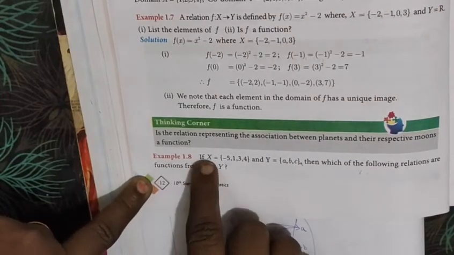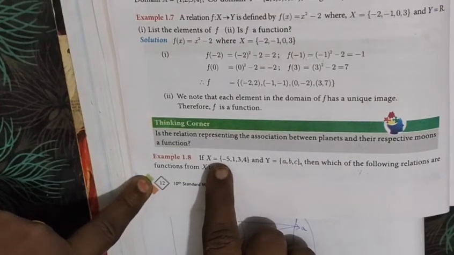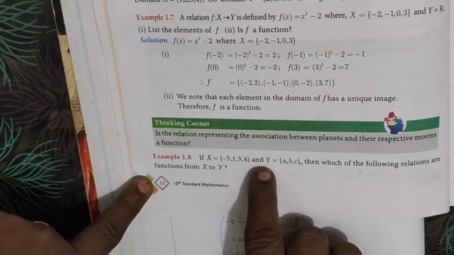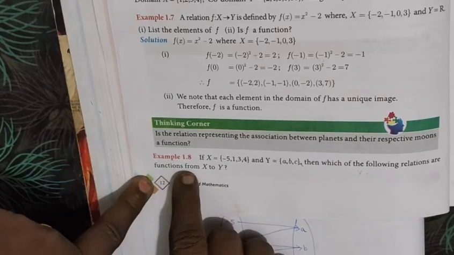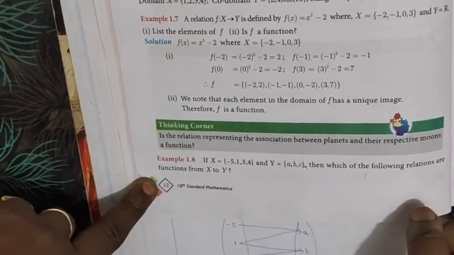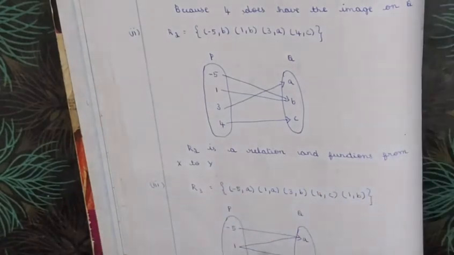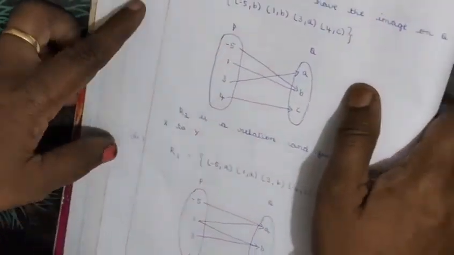Now example 1.8. If set x equals minus 5, 1, 3, 4 and set y equals the set A, B, C, then which of the following relations are from x to y? And as I told you, we have to draw an arrow diagram in order to find that. Okay.